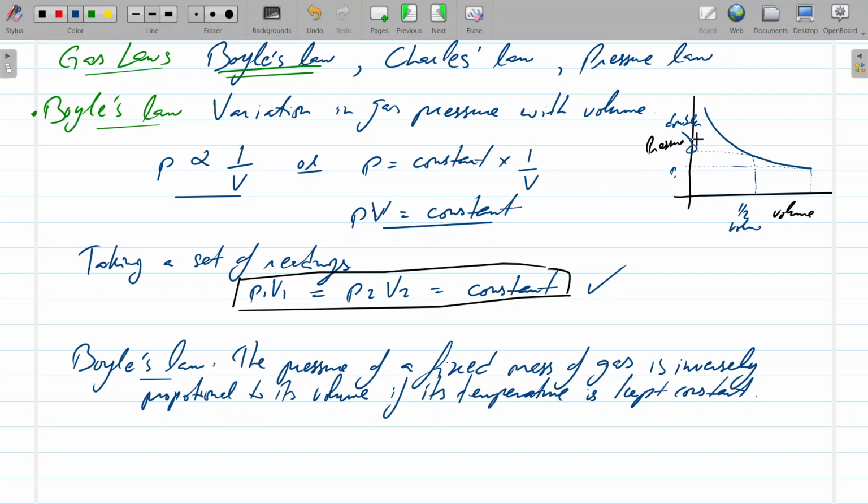And so when you plot pressure against volume, you see that change: reducing the volume increases the pressure, and vice versa, reducing the pressure increases the volume.